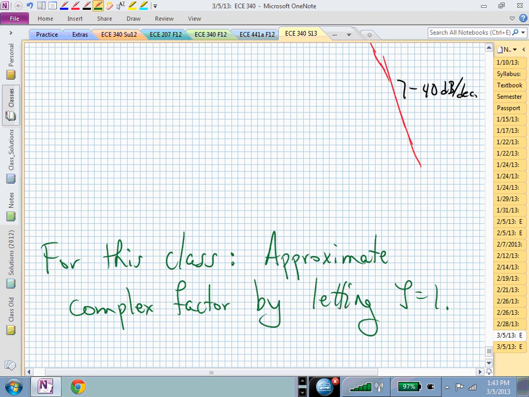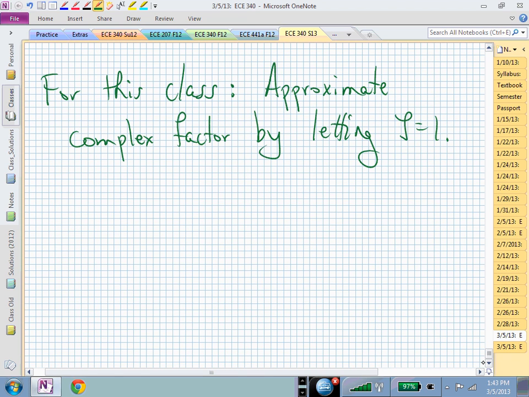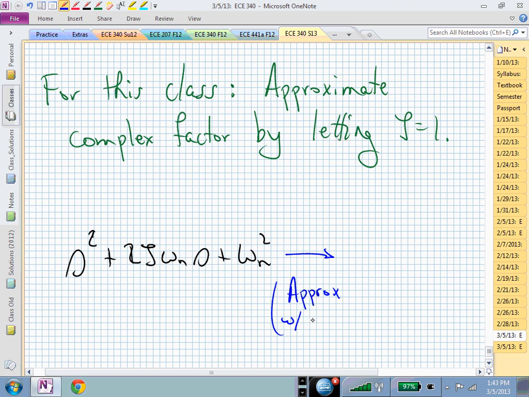Pardon? That means that we're at the maximum damping for that particular frequency, for that factor. Meaning, if you ended up with something like s squared plus 2 zeta omega sub n s plus omega sub n squared on the exam, you can say, I'm going to approximate that, that's what Tharp said we could do, with zeta equal to 1.